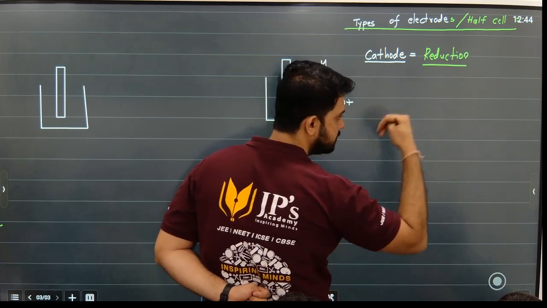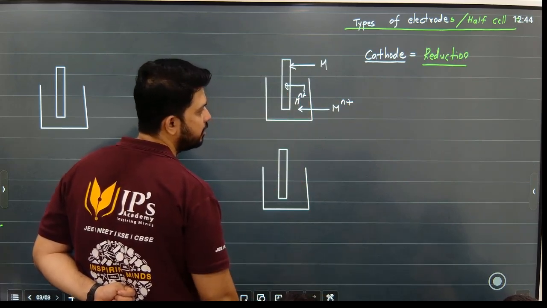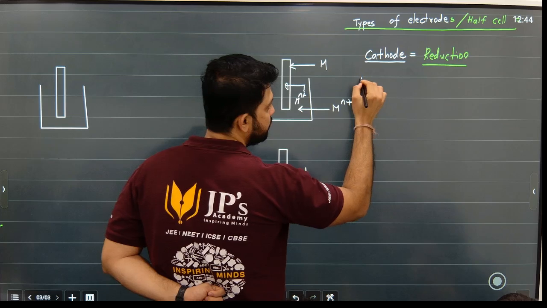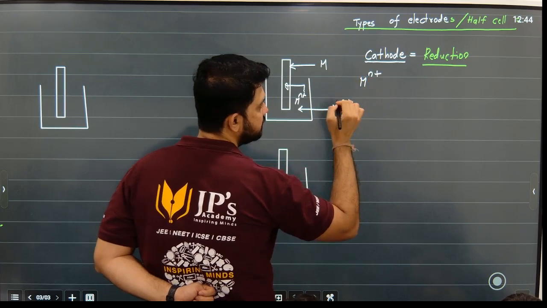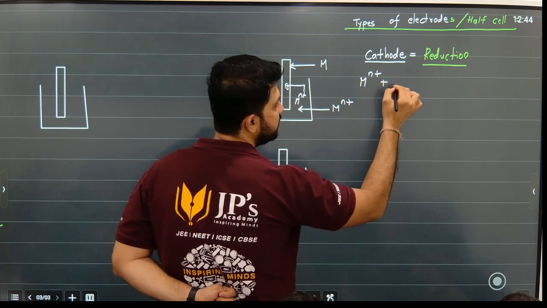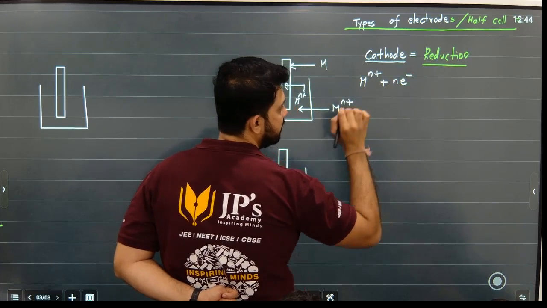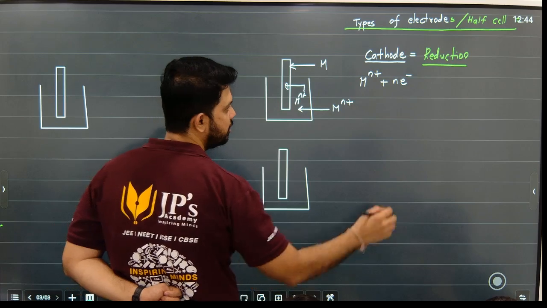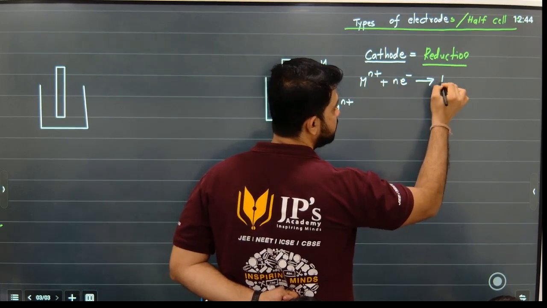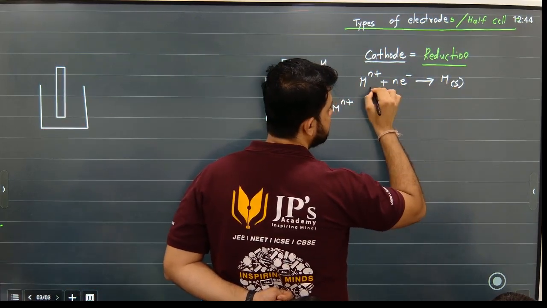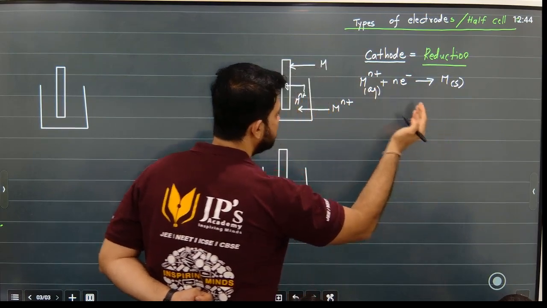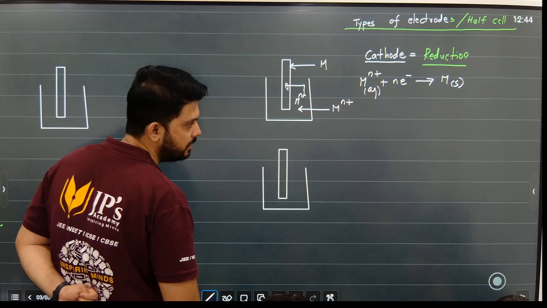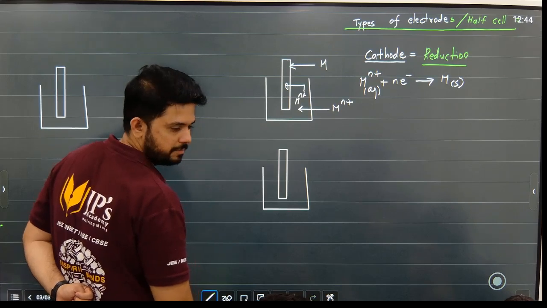Reduction means gaining electrons. So the ions present in the solution will accept, gain electrons and get deposited in the form of solid metal on the rod. Getting that? Any questions still here?